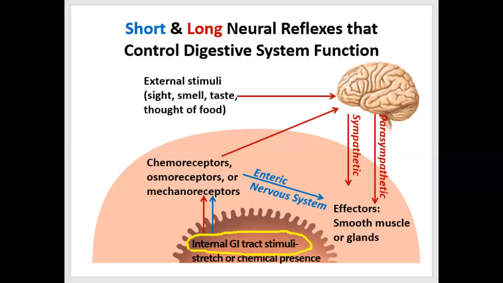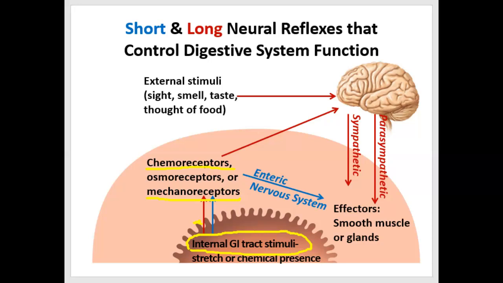There's either stretch here or the presence of some chemical which would be detected by a receptor that's embedded in most likely the submucosa. So a chemoreceptor would detect things like pH, the presence of lipids, the presence of proteins, osmolarity of the fluid inside the tract. A mechanoreceptor would respond to or be stimulated by stretch.